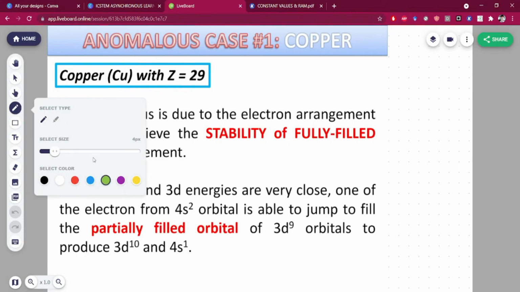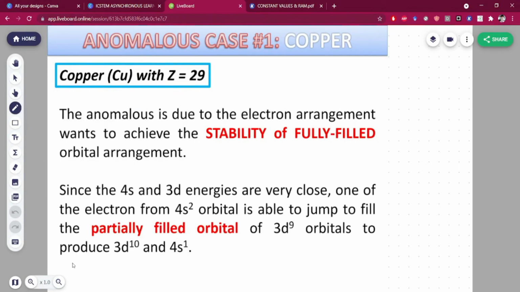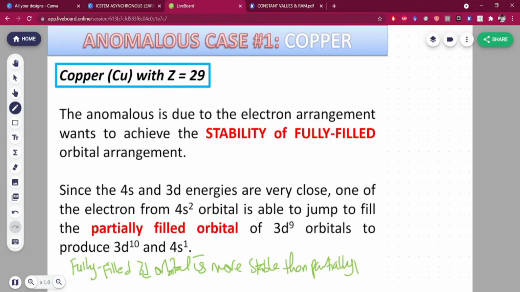So in other words, you can write: fully filled 3d orbital is more stable than partially filled 3d orbital.